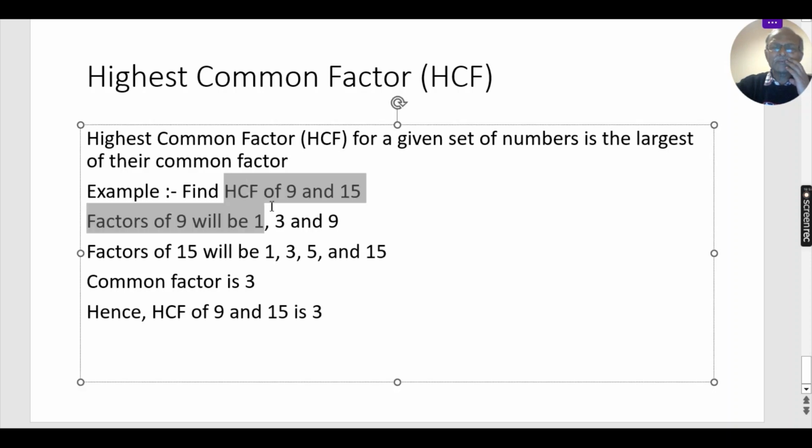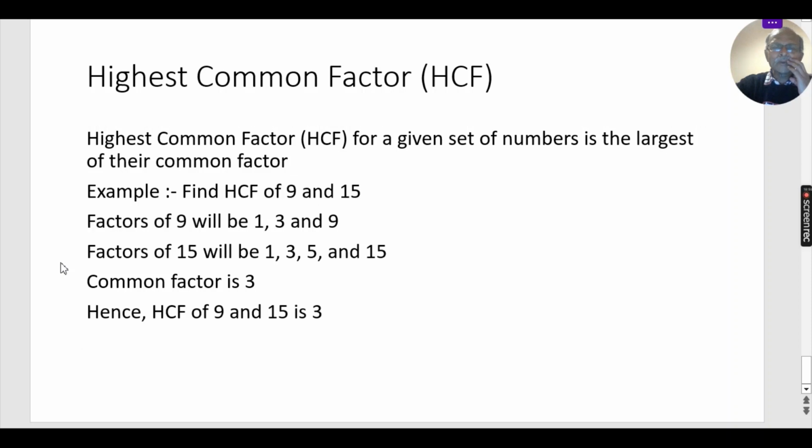Say for an example, we are taking the HCF of 9 and 15. What are we supposed to do? We have to find the factors and the highest common factor of 9 and 15. So the factors of 9 will be 1, 3 and 9. The same method which I had told you earlier. Factors of 15 will be 1, 3, 5 and 15.